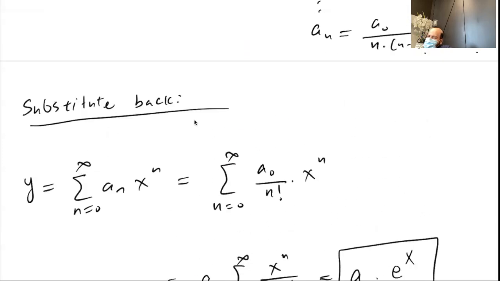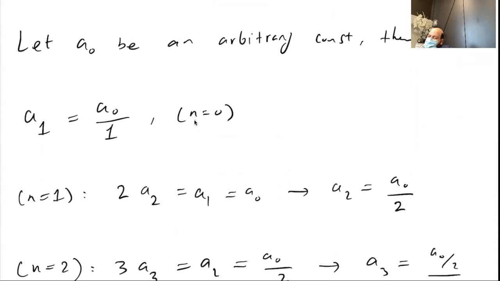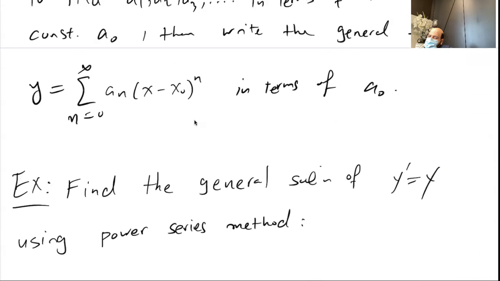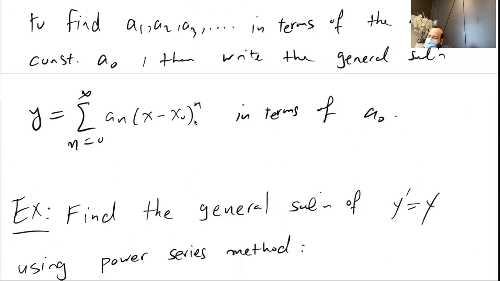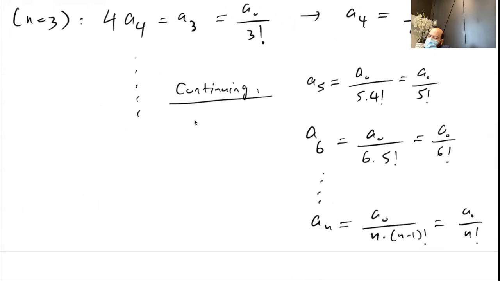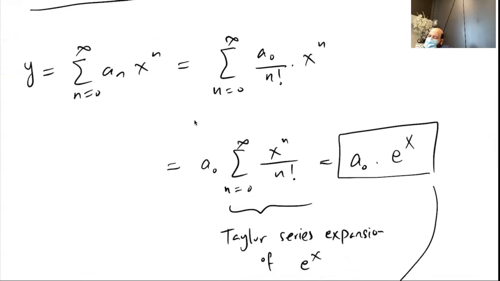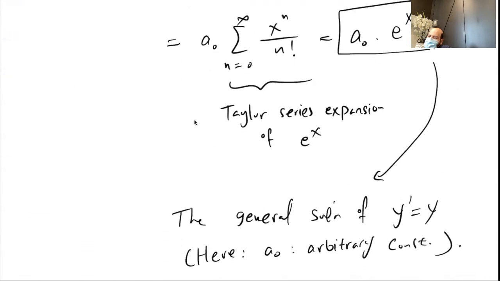And this is the result that we have seen before as well, that the general solution of y prime equals y, previously we said, is y equals c times e to the x for an arbitrary constant c. So here instead we said a0 times e to the x for an arbitrary constant a0.